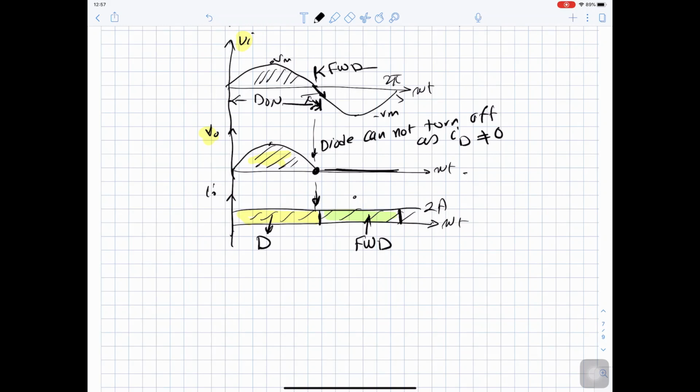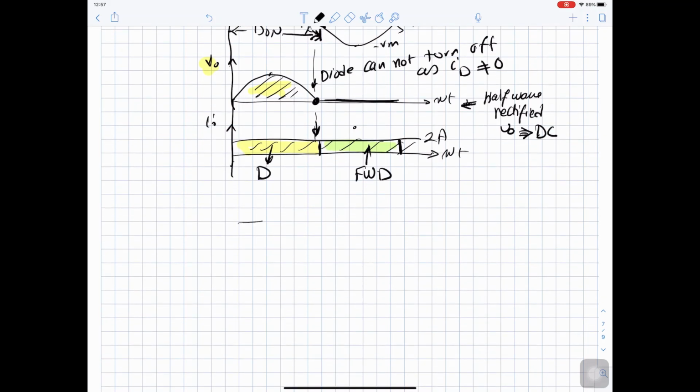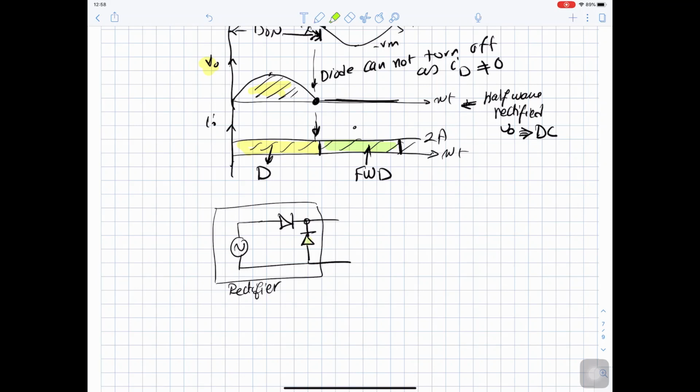Now if you look at this waveform, this is a half wave rectified V out, which is DC. So in order to make your circuit independent from the load, you set up the rectifier like this. So this is the rectifier, and you add this freewheeling diode.